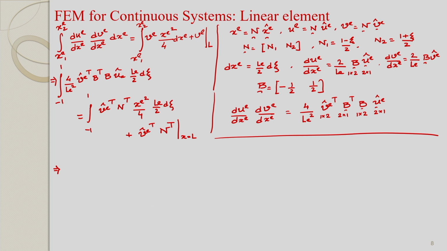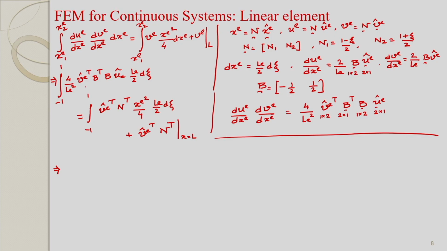Also, our B matrix is constant. For linear element, B matrix comes as constant. For quadratic element, this B matrix is function of xi. This quadratic element is higher order finite element, which we will learn in next part.